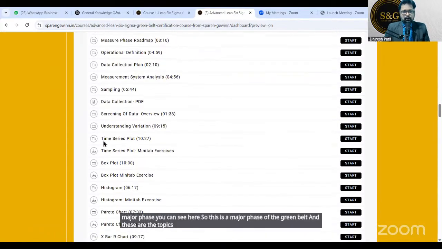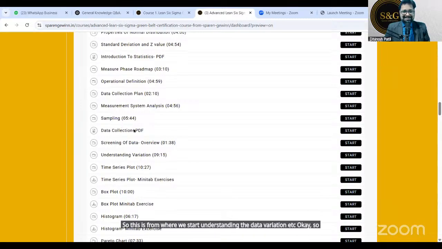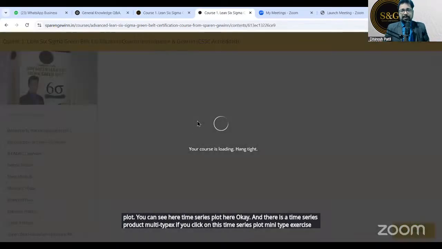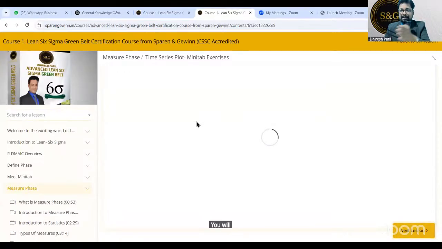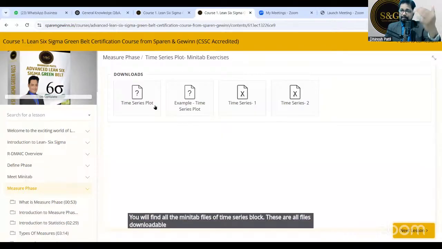This is from where we start understanding the data variation, measurement system analysis, sampling, etc. Let's say, for example, time series plot. There is a time series plot Minitab exercise. If you click on it and click on Start, you will find all the Minitab files of time series plot. These are all downloadable files. You can just click on them and download them.